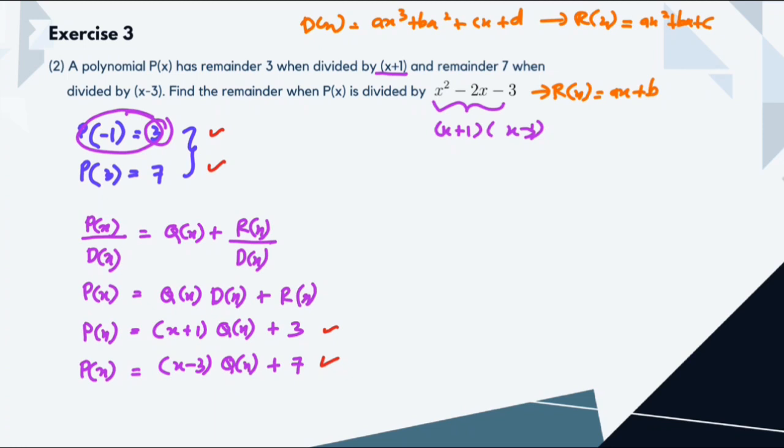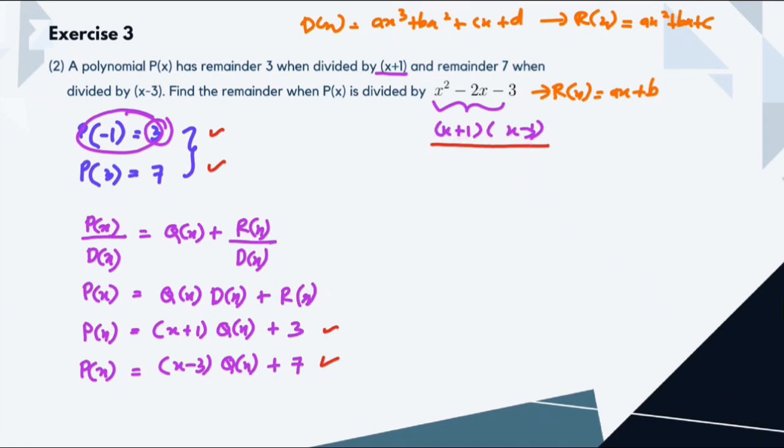The divisor x squared - 2x - 3, when you factor it out, gives the same factors x + 1 and x - 3.